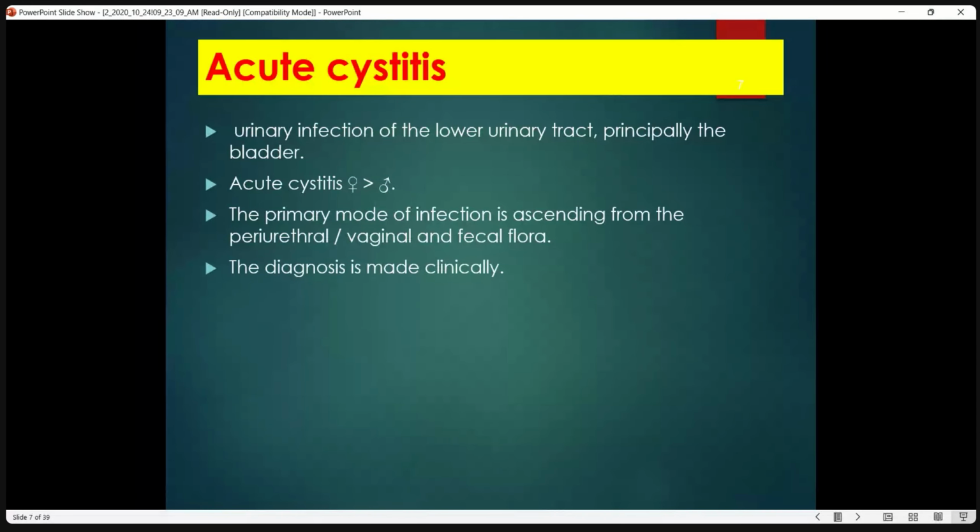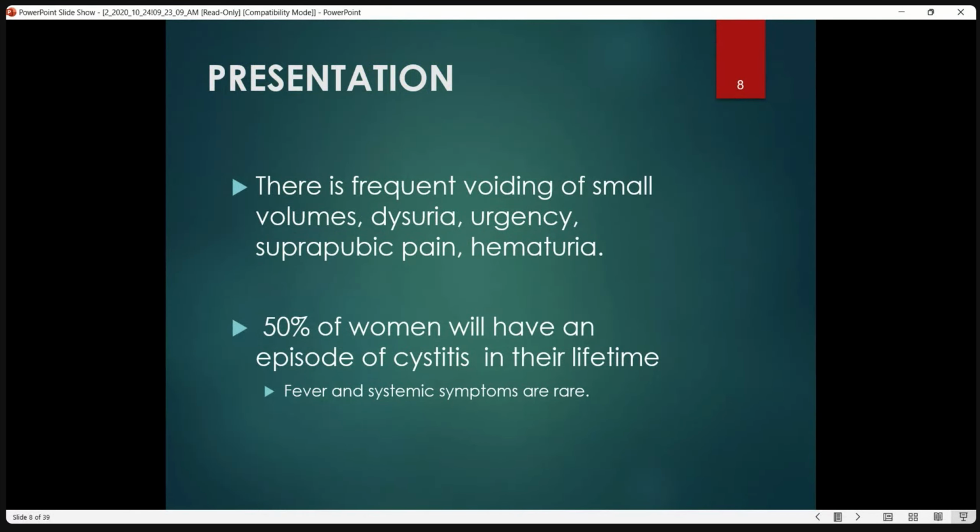So, I want us to proceed. I will give you all the signs. Let's just proceed. So these are the presentation. And we said that 50% of women will have an episode of cystitis in their lifetime. I mean, at some point, because they're very sensitive. But there's a frequent voiding of small volumes. Dysuria means burning.